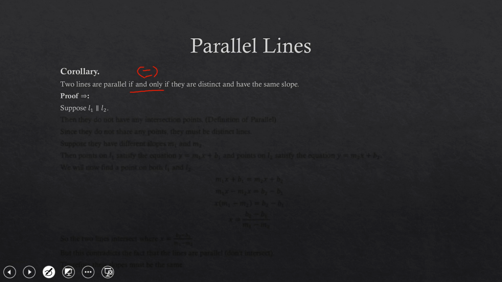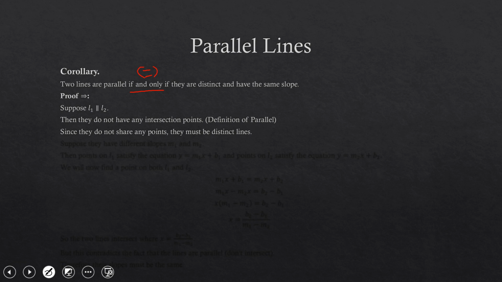All right, so we start off supposing that they are parallel. That means they don't have any intersection points, right? We've got two lines that are parallel. They don't meet anywhere. Since they don't share any points, they have to be distinct. So we've got the distinct part pretty easily.